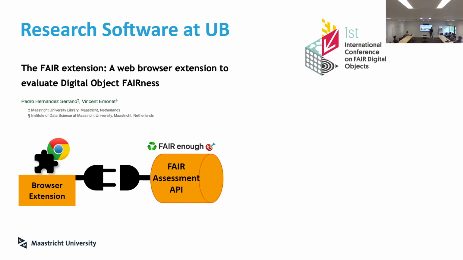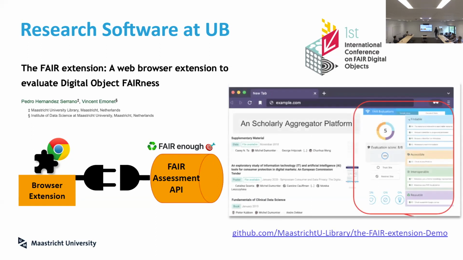In this case, we're going to test it on FAIR Enough from all the FAIR evaluators. So that if you are on a scholarly aggregator, like your Pure system or in Google Scholar, Semantic Scholar, whatever, you can get FAIR indicators in your user interface, really.